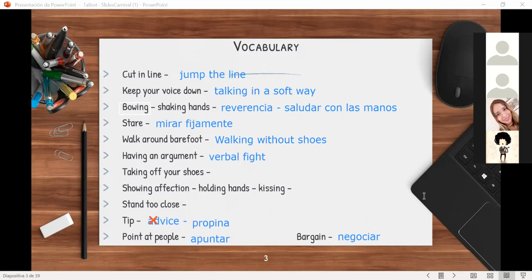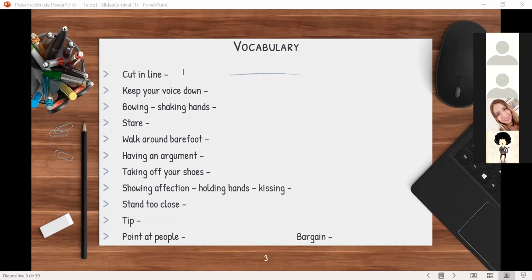Do you have any questions, guys? Okay, no questions? Okay, thank you. So let's see. Now I want you to please help me doing an example with these first 7 phrases.